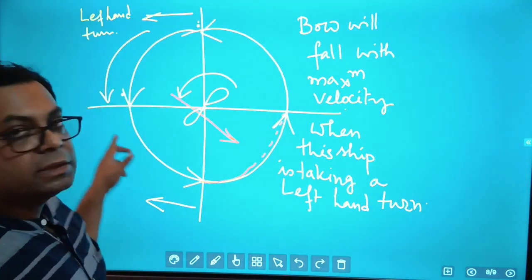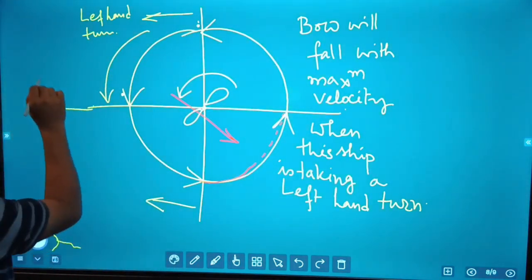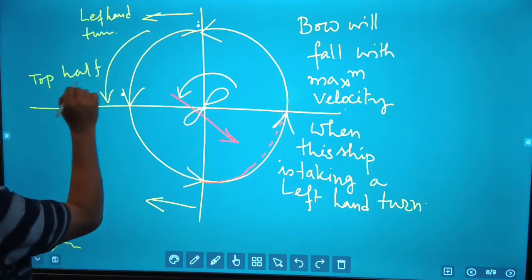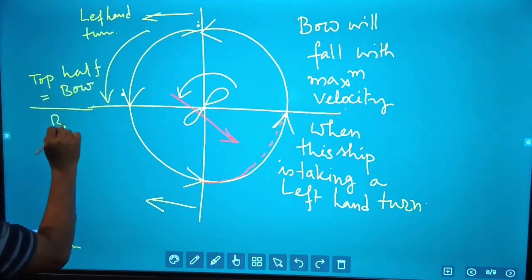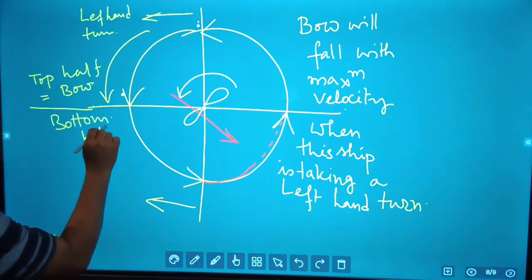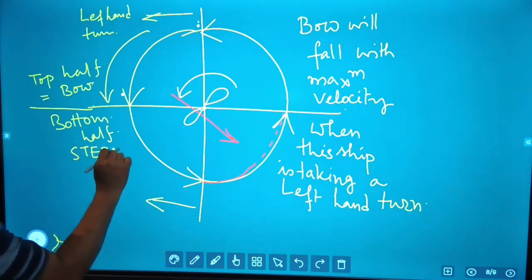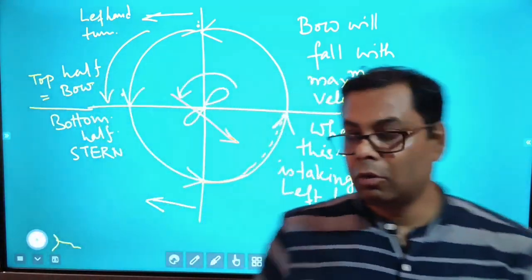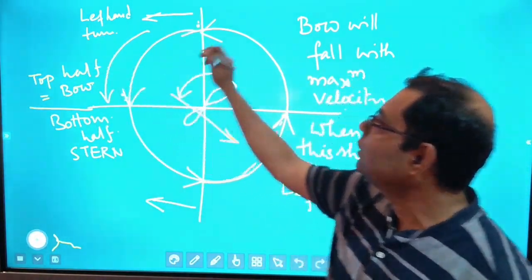So what is the tendency of the bow? This top half is the bow half, and the bottom half is for stern. So over here we can see the top half and left hand turn.